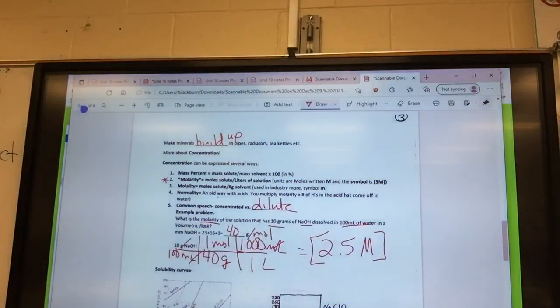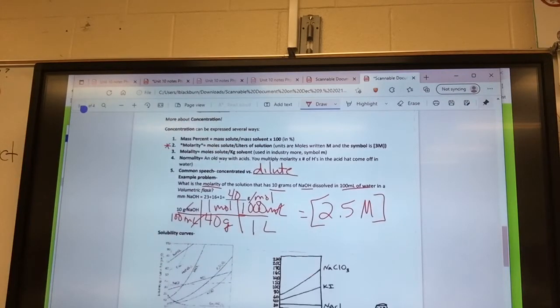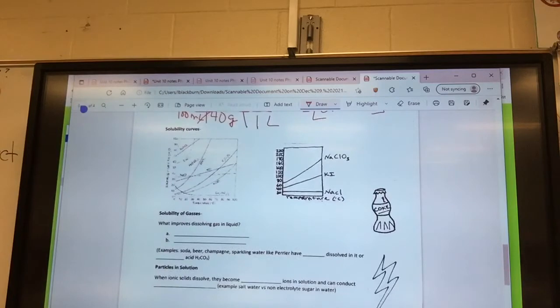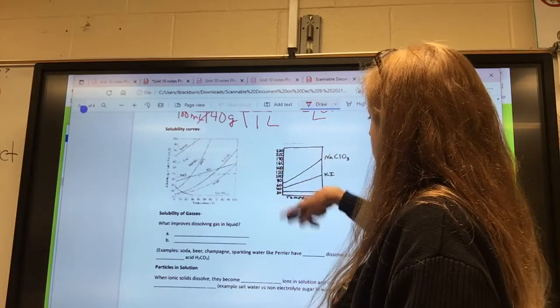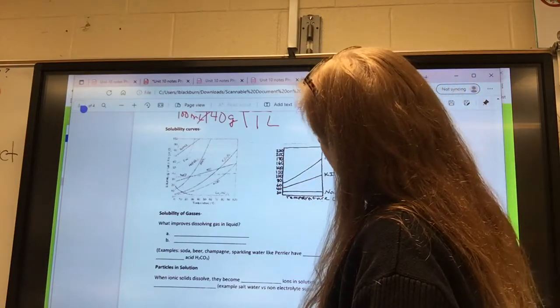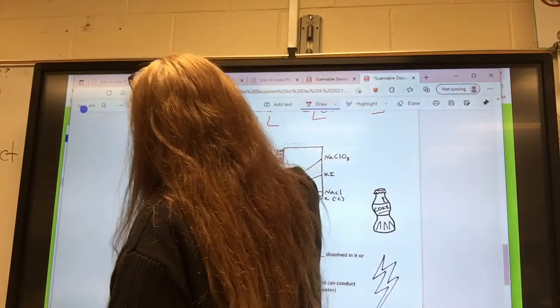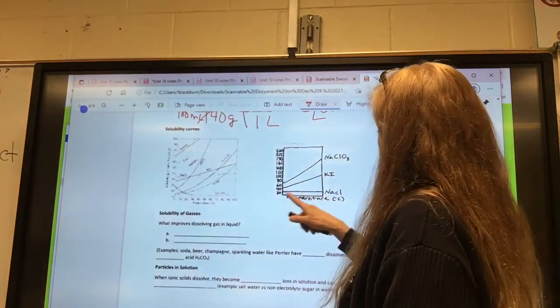All right, the next thing we have to do is to be able to read a solubility curve. And I ran one off for you, but it's so light, it's kind of hard to see. But what you do is you look, on one side, and see how much dissolves in water, and on the other side is temperature.